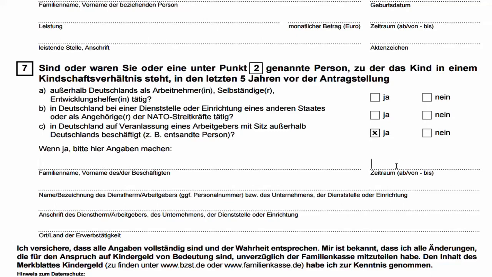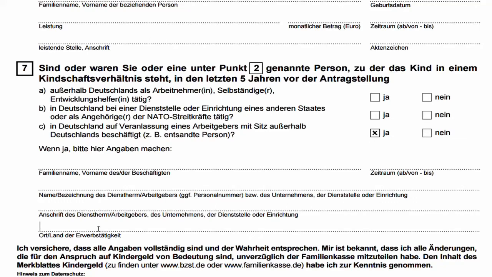Here you write from which date to which date you or this person has been employed. Here you write the name of the employer. Here you write the address of the employer. And here you write the name of the city and the name of the country where you or this person is employed.